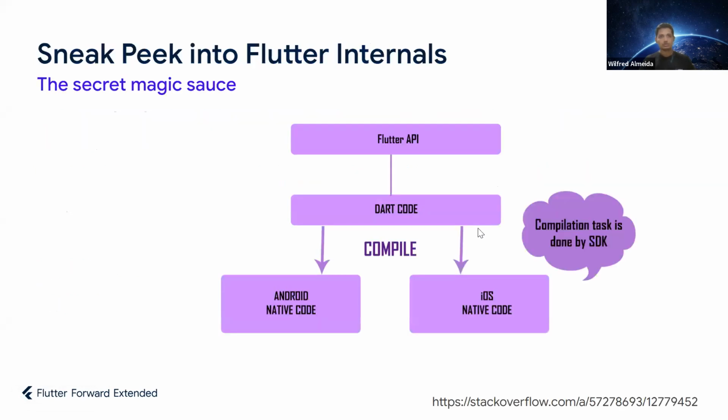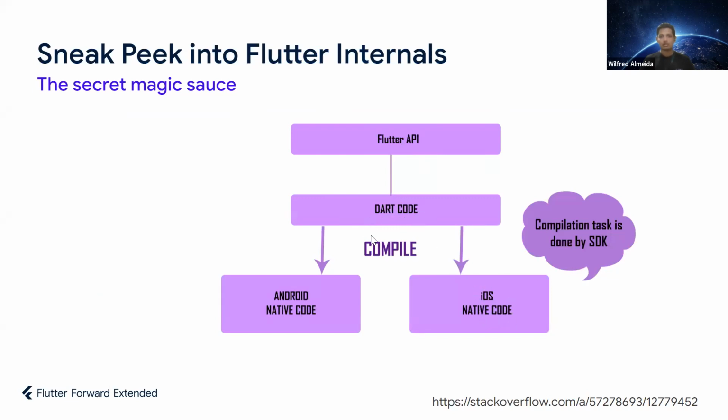So yeah, before moving ahead, let's first try to understand the internals of how Flutter works. Whatever Flutter code you write, it is written in the Dart programming language. What happens internally is the Dart engine will convert your code into native Android code and native iOS code.